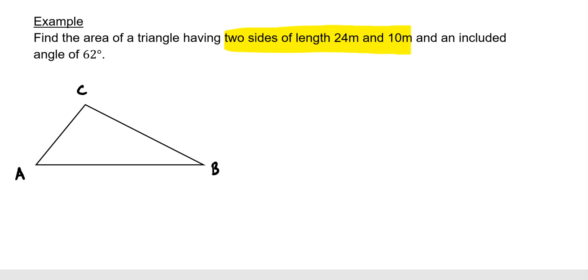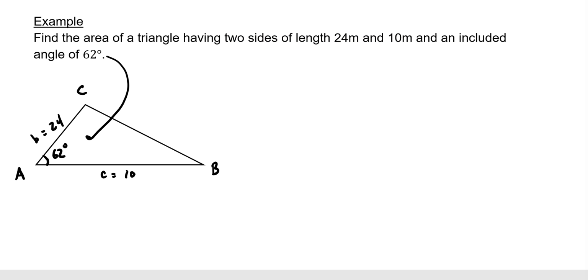Let me do the angle last. So let's say that this is side 24. This is side 10. And this would end up being little b. This would end up being little c. The included angle of 62 degrees is the one between them. So if it says included, it's the one between both of the sides. So that would be angle A.